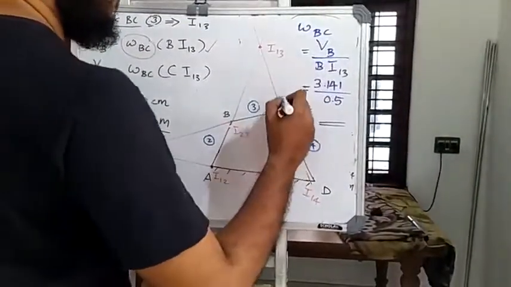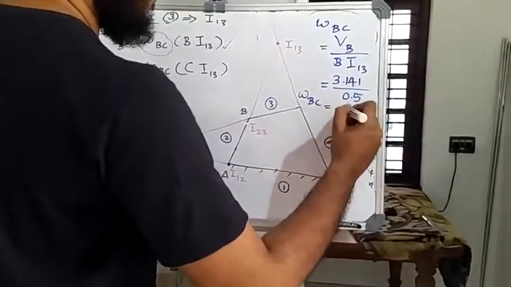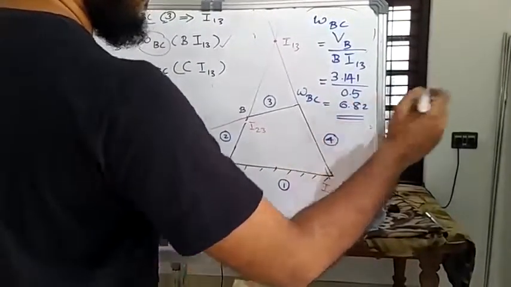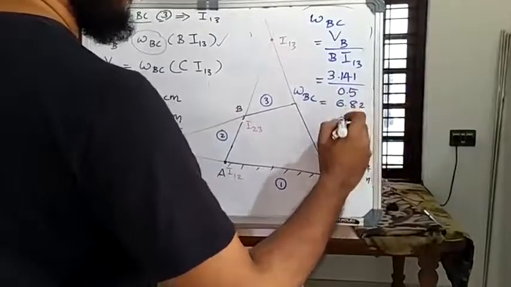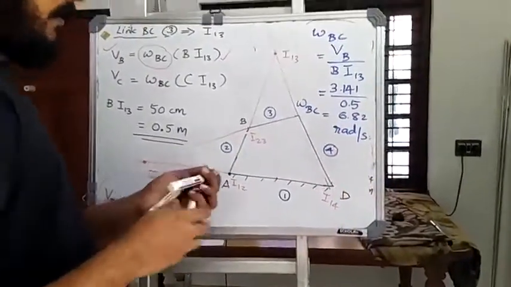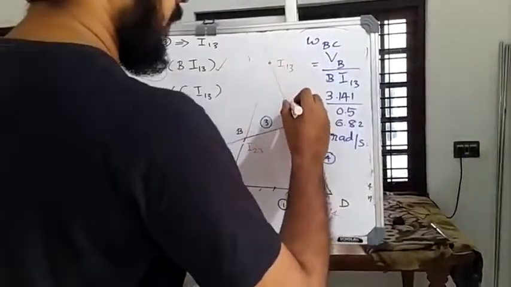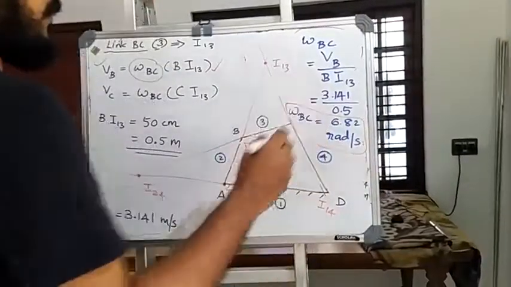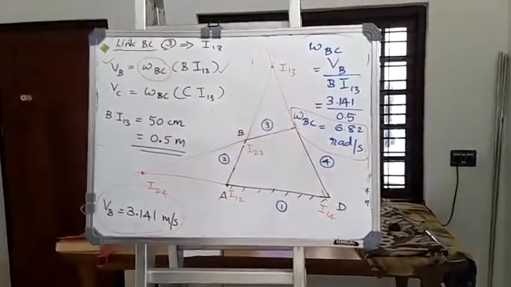Hence, you will obtain omega BC is equal to 6.82 something, and the unit will be radians per second. So, this will give you the second required value that you are supposed to find out.